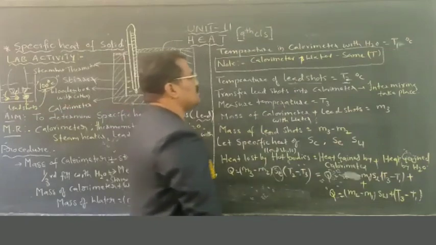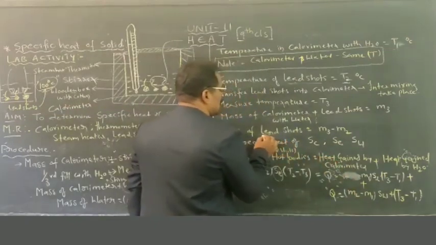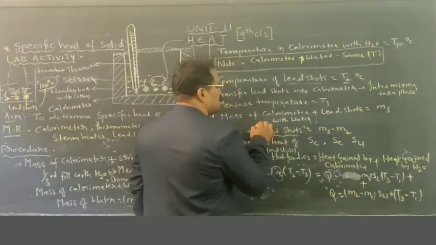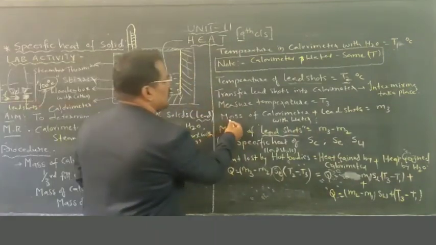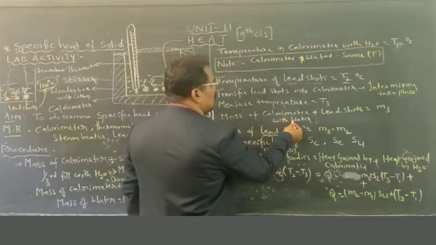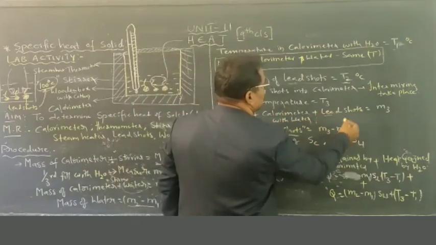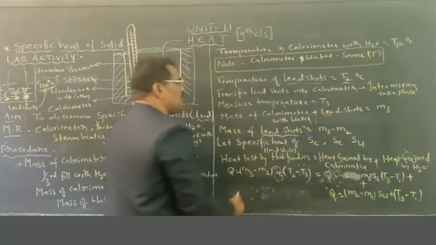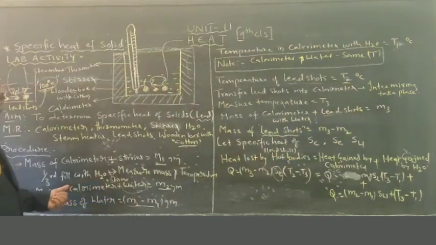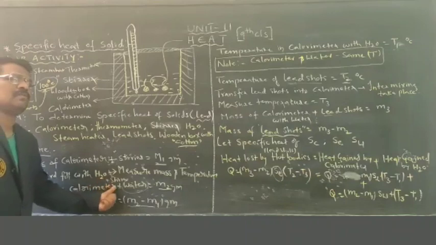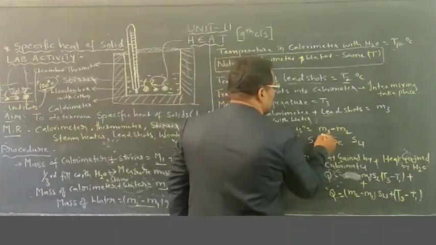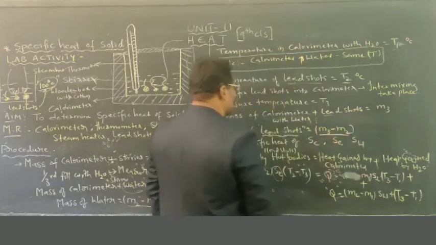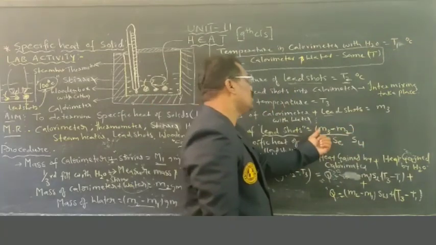We need only the mass of the lead shots, so we subtract the mass of the calorimeter plus stirrer plus water, which is M2, from M3. Then I get the mass of the lead shots, which is equal to M3 minus M2.